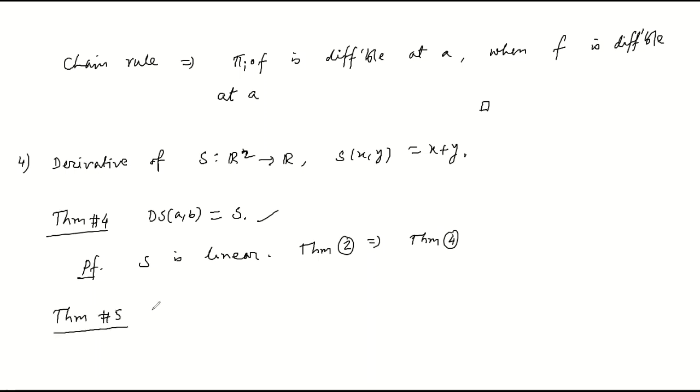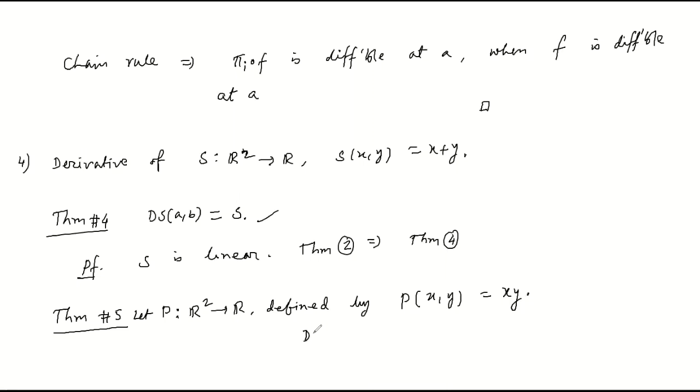Theorem 6: let P be a function from R2 to R defined by P of (x, y) equal to x times y.